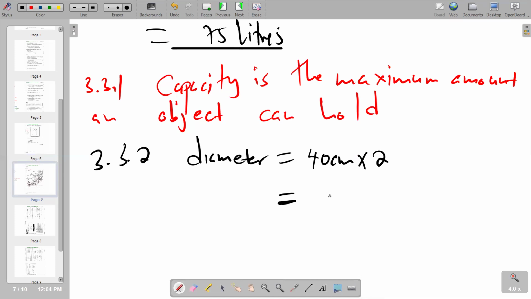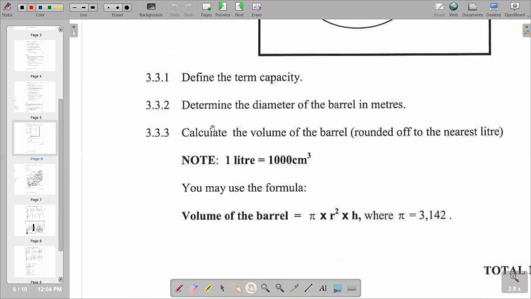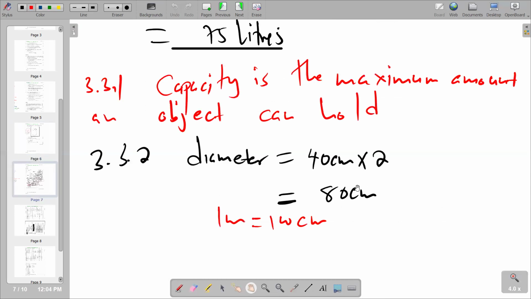And 40 centimeters times 2, we are going to get 80 centimeters. And it comes back to say our 1 meter is equal to 100 centimeters. Remember, we go back to our question. Our question is saying, determine the diameter of the barrel in meters. So we've got it in centimeters.